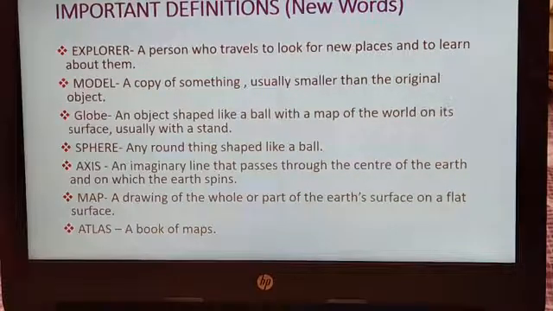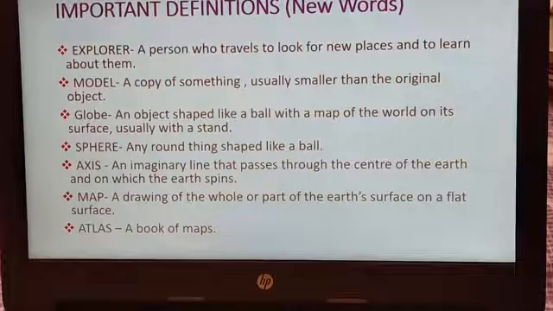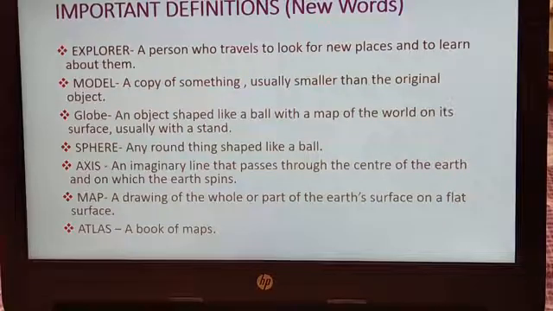They look like the earth, and they are being held on a stand. Okay? Sphere: any round thing shaped like a ball. It could be marble, it could be a football, a basketball. All these are spherical in shape.